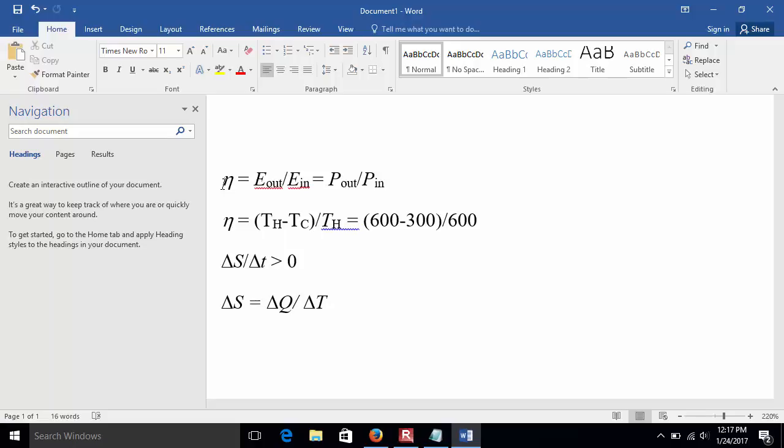And we can just even write that. So delta Q, the change in thermal energy, is going to be the heat capacity times the mass times the change in temperature.